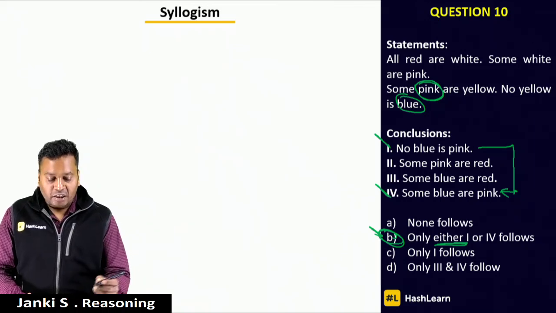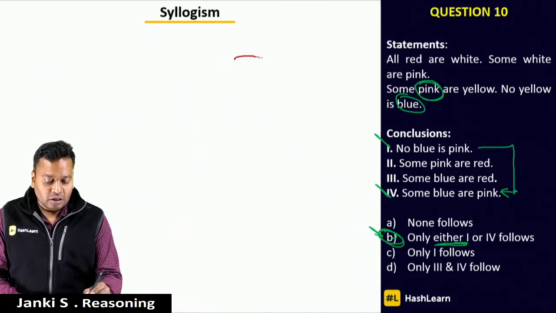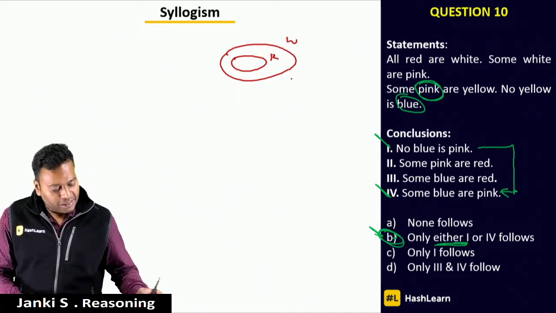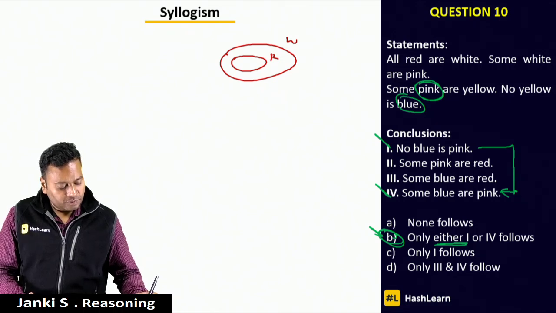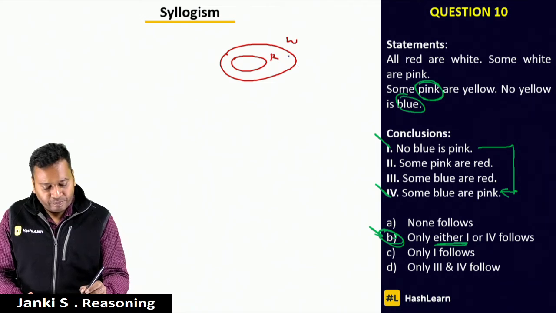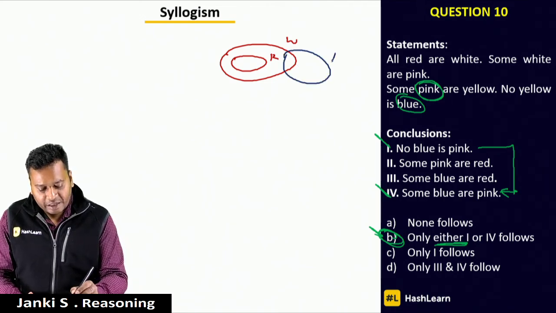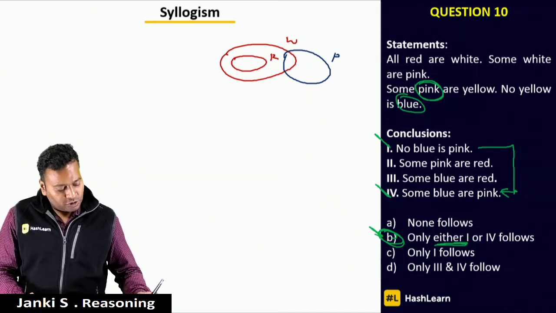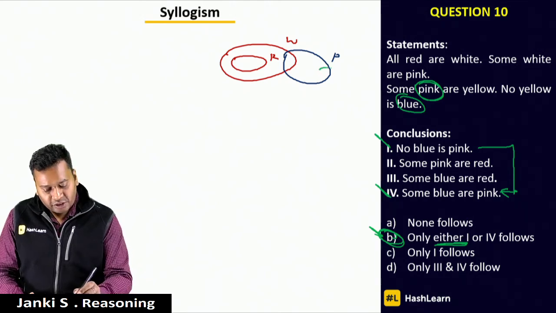सो ऑल रेड्स आर वाइट, सो ऑल रेड्स are white. Some whites are pink, so let's draw. Some whites are pink, right. Some pink are yellow, so some pink are yellow for the time being.